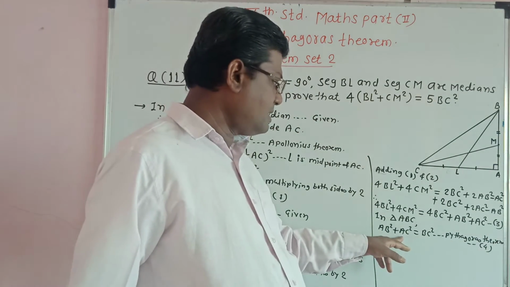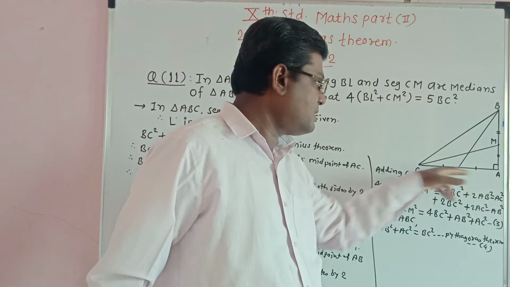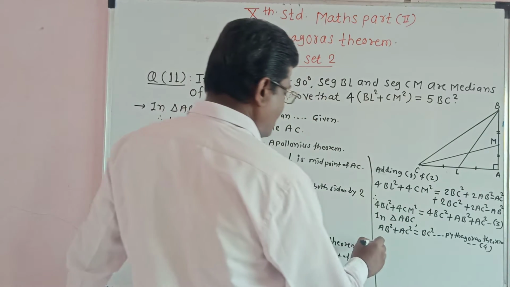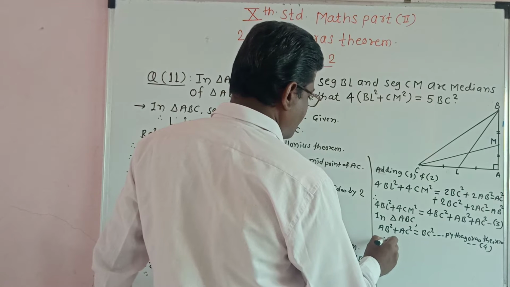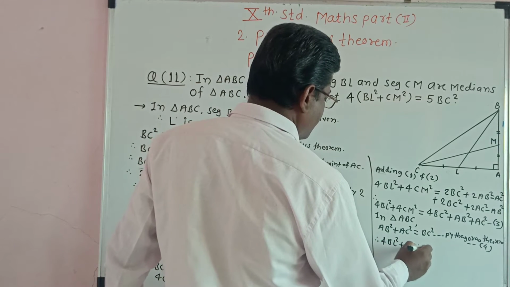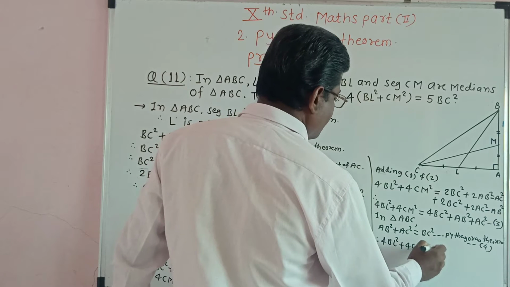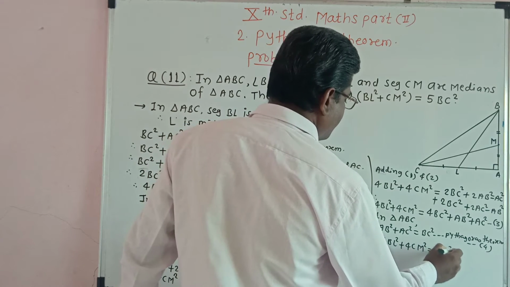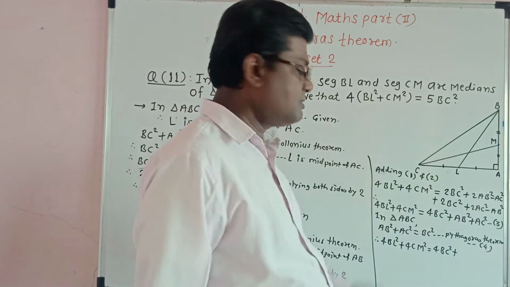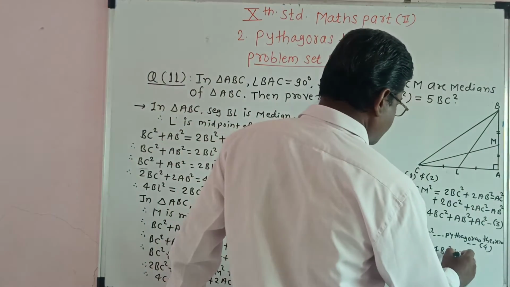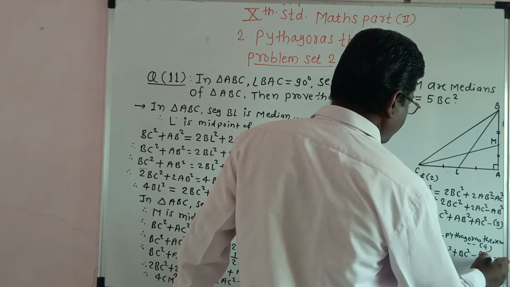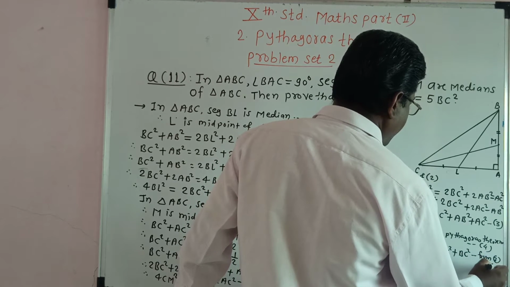Therefore, 4BL square plus 4CM square is equal to 4BC square plus BC square, since AB square plus AC square is BC square. Reason is from 3 and 4.